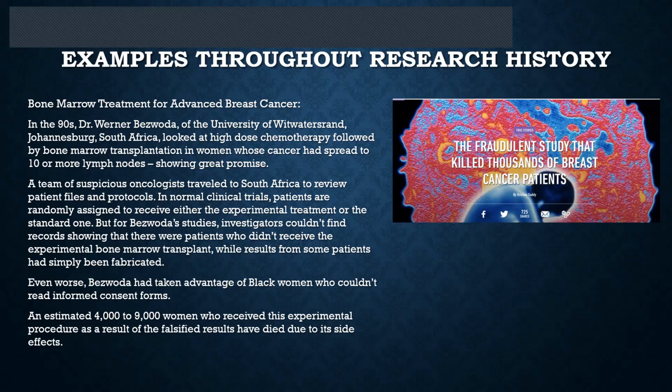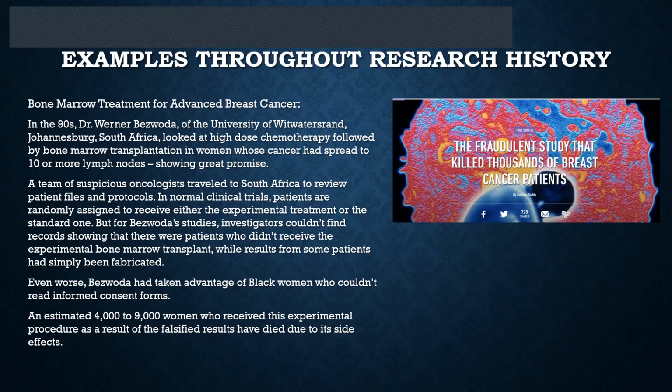As we've talked about, in normal clinical trials, people are randomly assigned to experimental groups or a control group. But for this particular Dr. Bezwoda's studies, they couldn't find any records showing that there was any control group, any group that could be compared against the experimental group to argue that the differences were connected to the experiment and not just an artifact of that particular group.